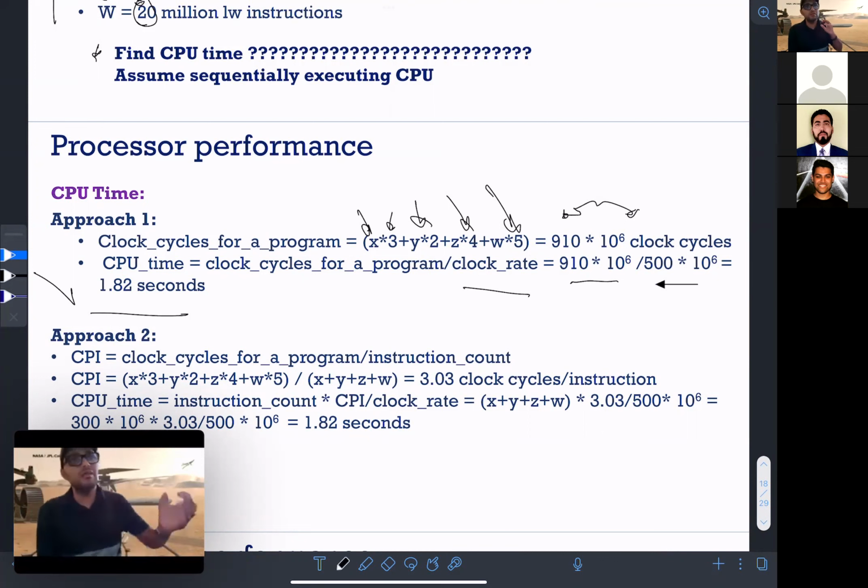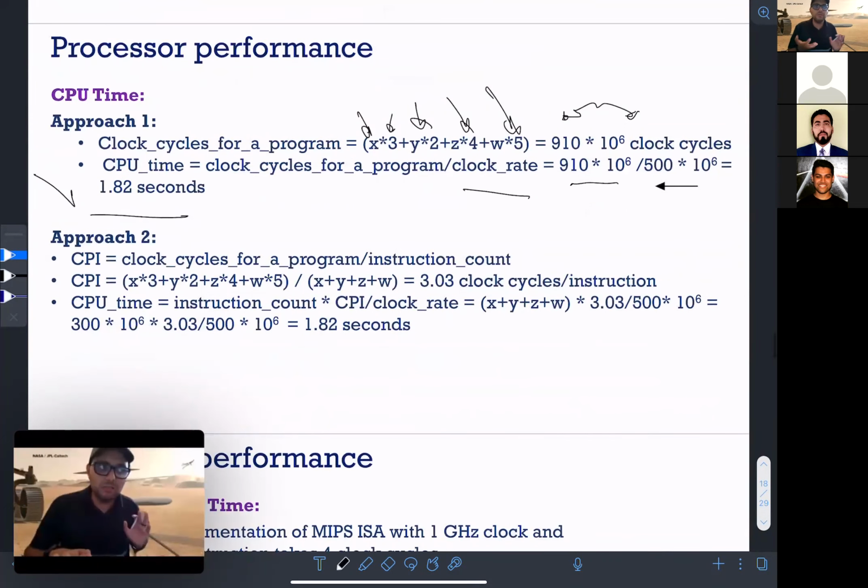There is another way. How can you do it? By the CPI. CPI means number of cycles per instruction, right? So here, CPI is X times 3, Y times 2, Z times 4, W times 5, divided by how many instructions? The branching, ALU, storing and loading, add everything together.